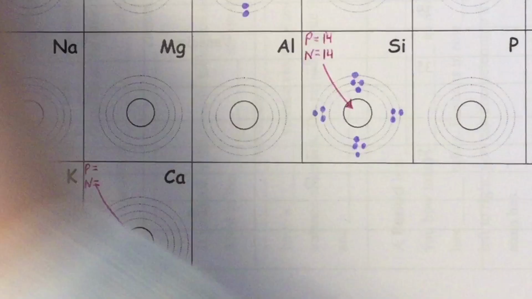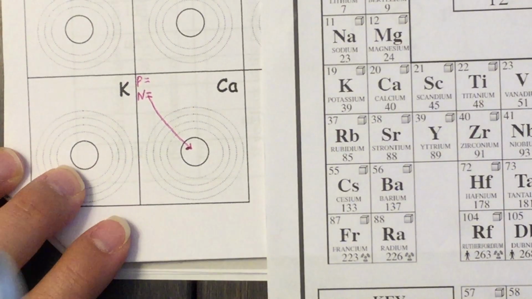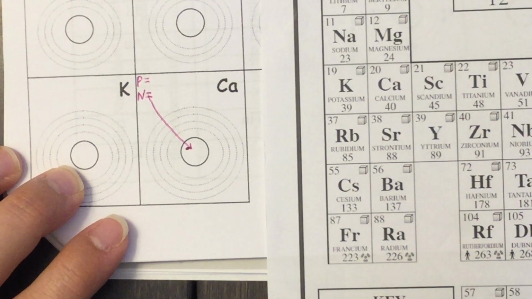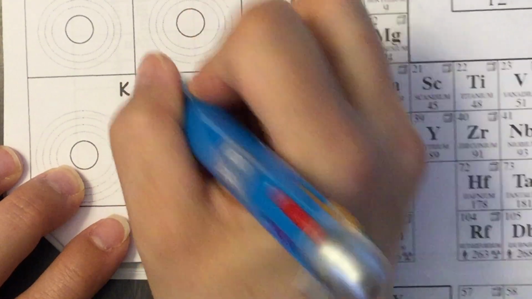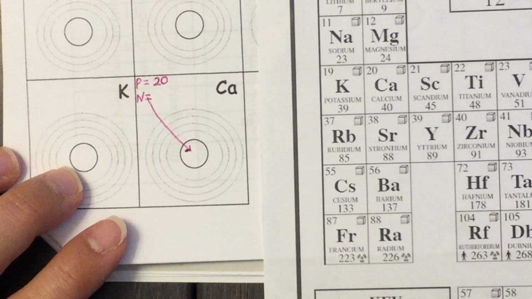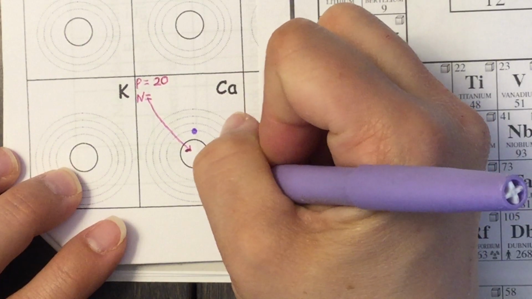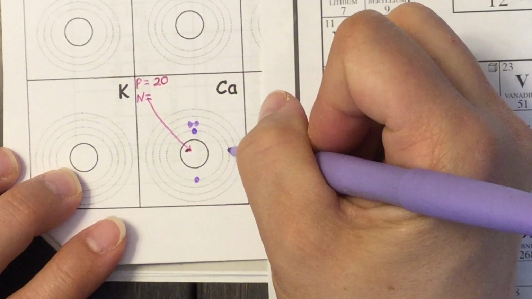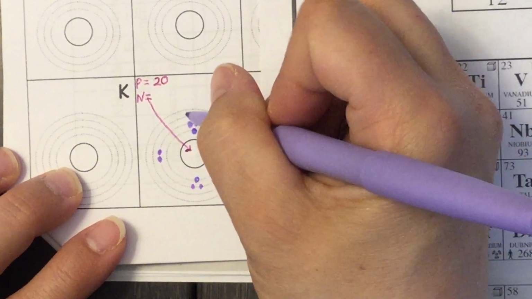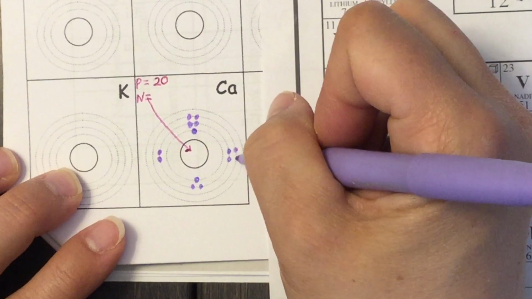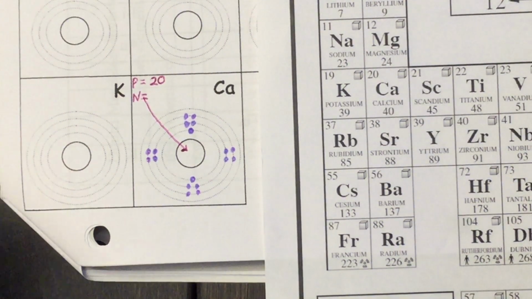Calcium, oh, I can put it side by side like this. I'll make it easy to see. How many protons does calcium have? Good on. Calcium is going to have 20 protons, which means it also has 20 electrons. So let's fill them in. 1, 2, 3, 4, 5, 6, 7, 8, 9, 10, 11, 12, 13, 14, 15, 16, 17, 18, 19, 20.